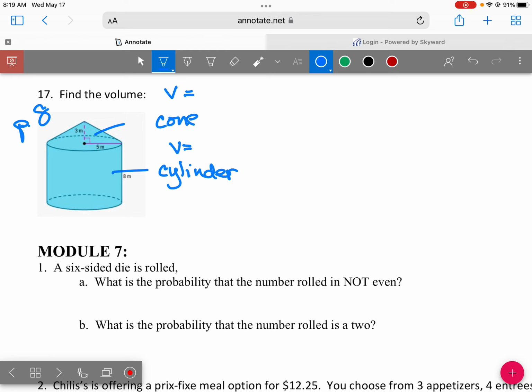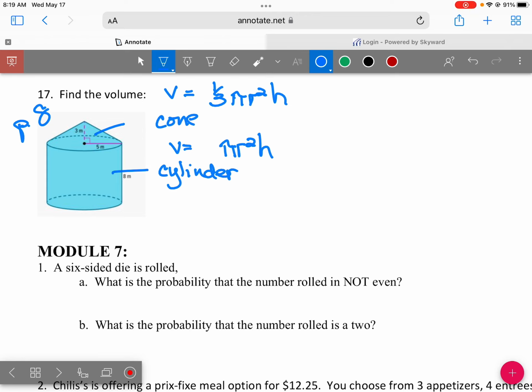So the volume of a cone is 1/3 times pi r squared h. 1/3 pi r squared h. The cylinder, the volume is pi r squared times h. Okay?